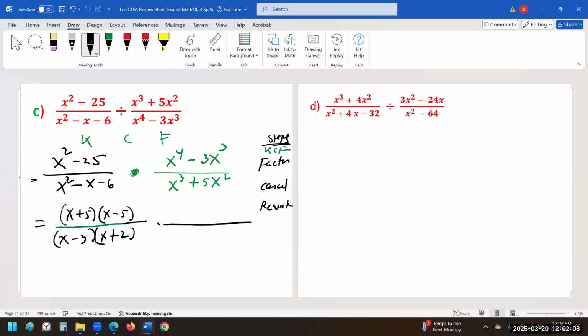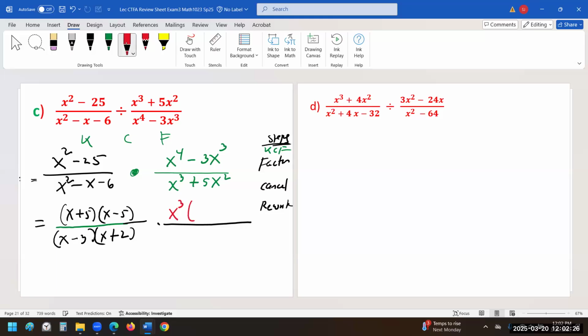Oh, we have 2 terms, both in the numerator and denominator. So what do you do? The numerator: GCF or perfect square? GCF. Which one is our GCF? The 3 power or the 4th power? 3, the smaller one.